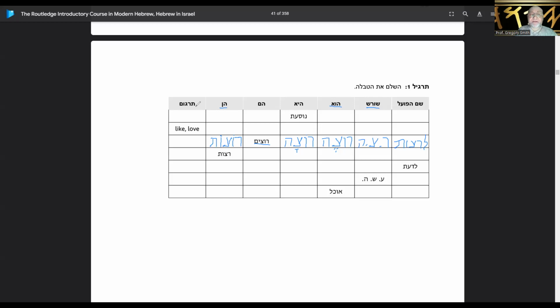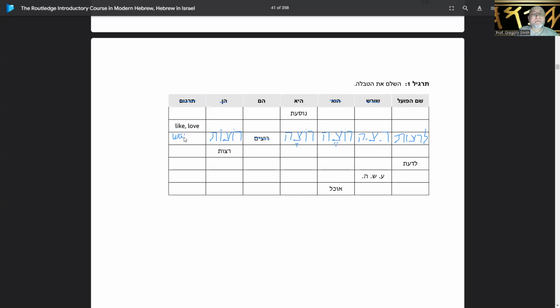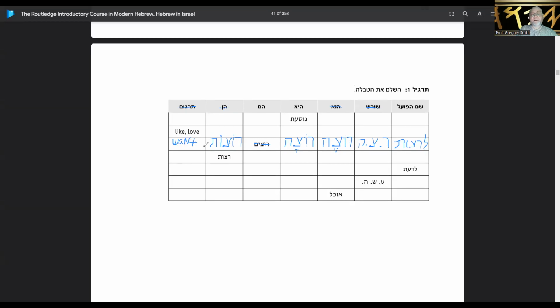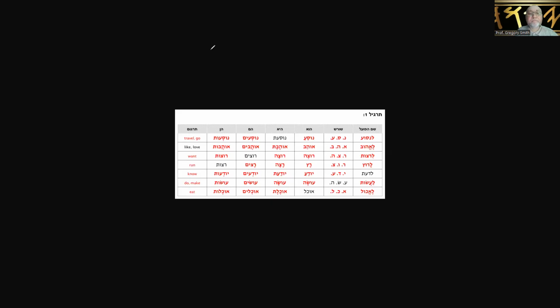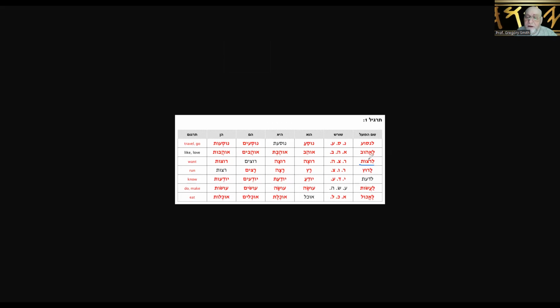So then what is the tirgum in this case? It means to want. And we could just put want in there. Try that. There we go, want. All right, so let's take a look at what we've got on our answer key. Here it is, lirtzot, right?